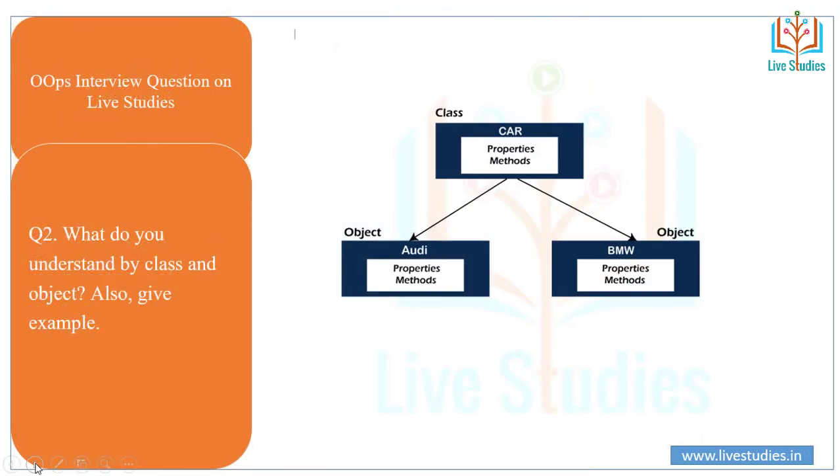Another question: what do you understand by class and object, and also give a good example. Car is a class. Objects are Audi, BMW, Maruti, Hyundai.